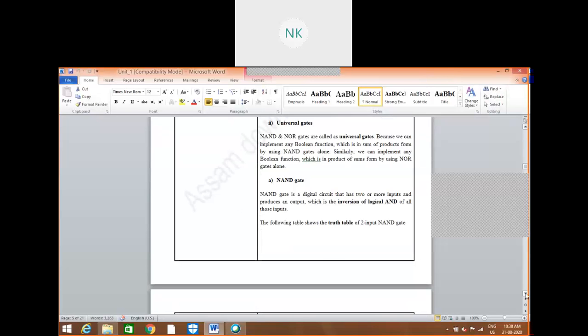No, ma'am, it's not clear. Who is T? Your roll number is 004. It's not clear. I tried to explain it in a very simple way. Which portion is not clear?